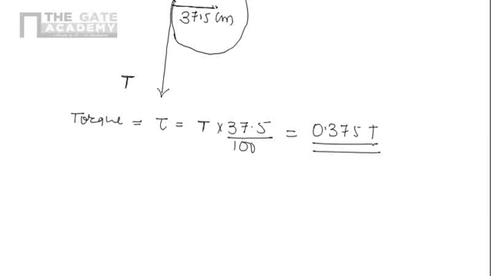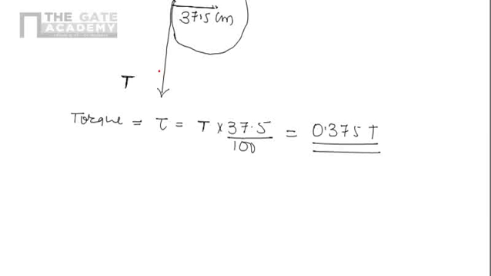Now according to the D'Alembert principle, if the body is in dynamic equilibrium, then there will be an external force as well as the inertia force. Here I am just showing the torque. If we apply the inertia torque in the direction opposite to the motion, then it will be in dynamic equilibrium.